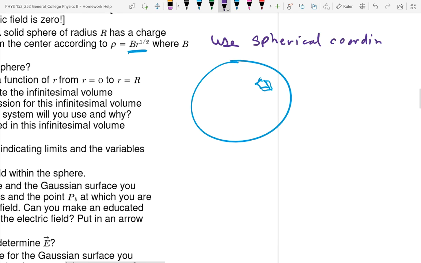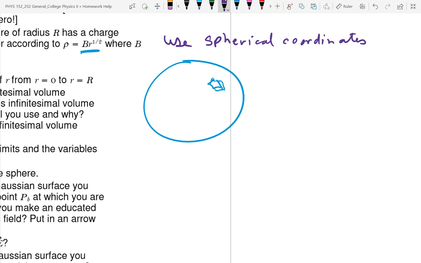So use spherical coordinates, and to get the total charge, I need to find the total charge is equal to the integral of rho, the charge per unit volume, dV, that small piece of volume, over the entire sphere.